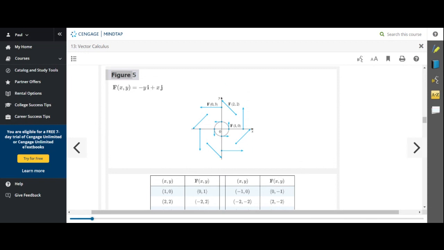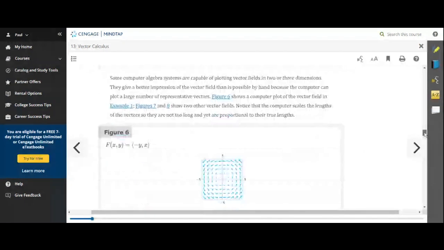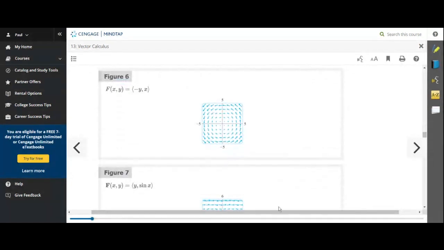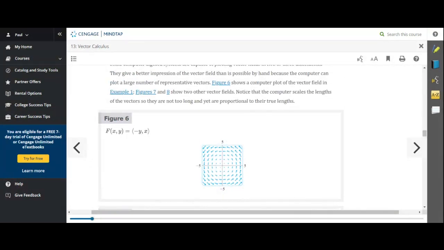Now, fortunately, we have MATLAB that can help us graph vector fields, and we'll talk about that in our next class. Basically, we want to use technology to help us draw vector fields, but a lot of times you can tell just by using your instincts.